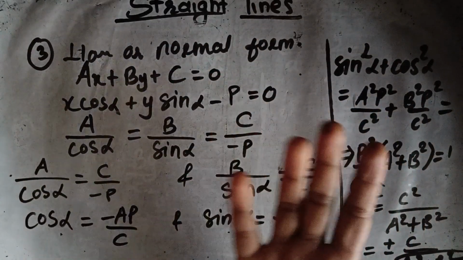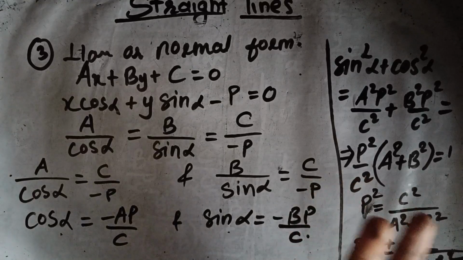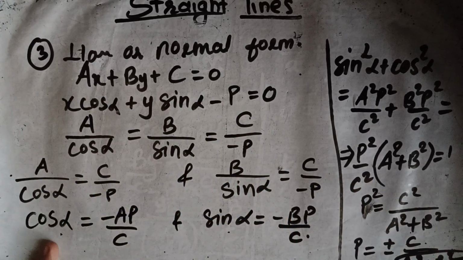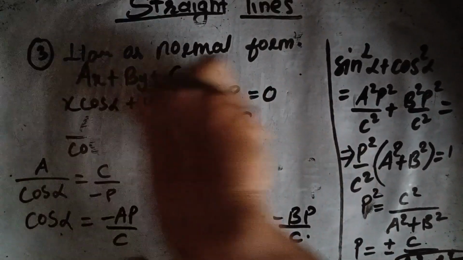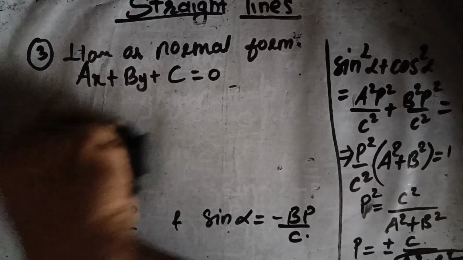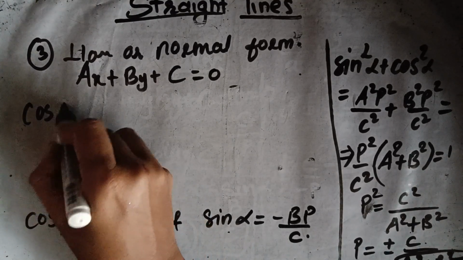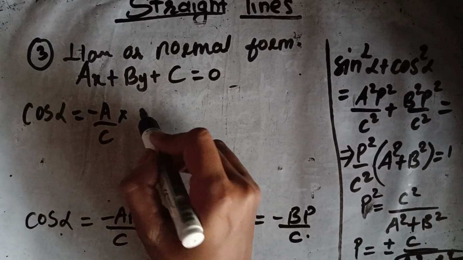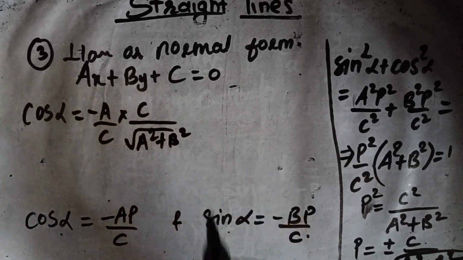We are doing this because our general form is given and we have to write the perpendicular form using the values of the general form. So cos alpha is minus a upon c into c upon root of a square plus b square.